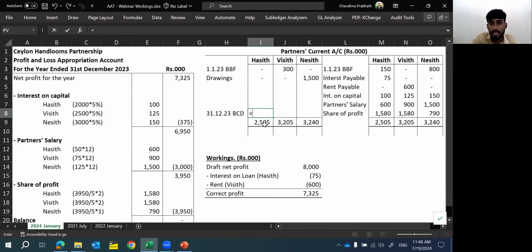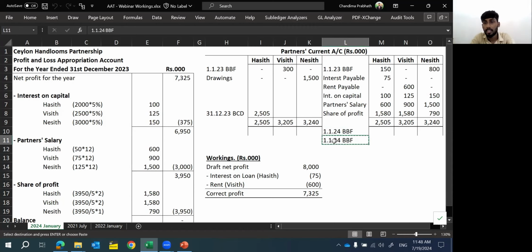How to get? 2505 less any debit transactions, nothing. So the same amount will be carried forward on 1st January 2024, balance brought forward. So the answer will be how much? The answer will be we are taking forward 2505 for Hasit.